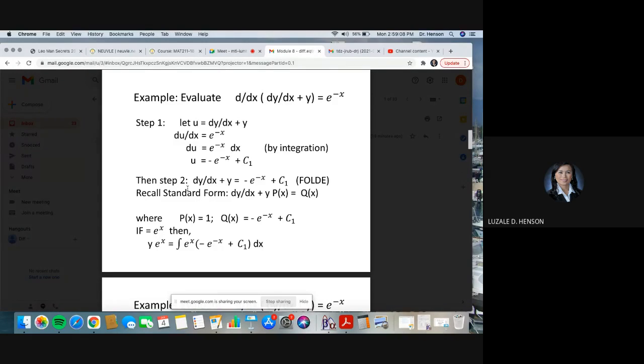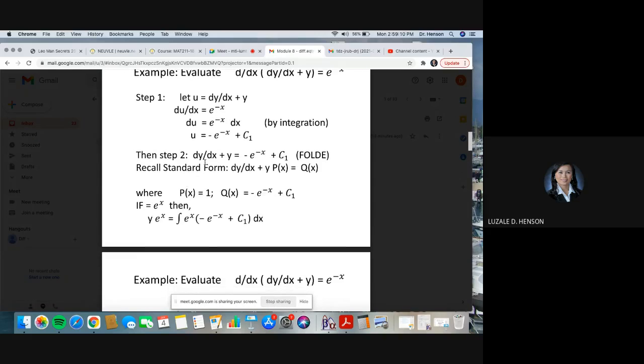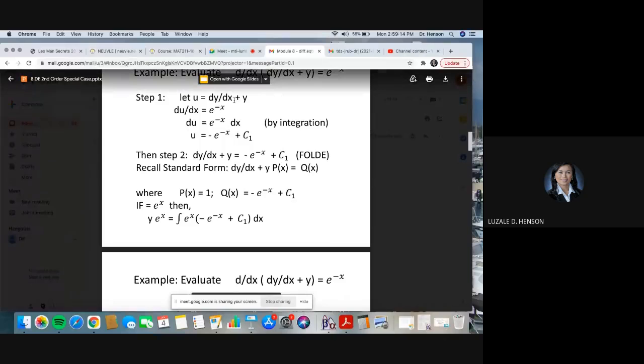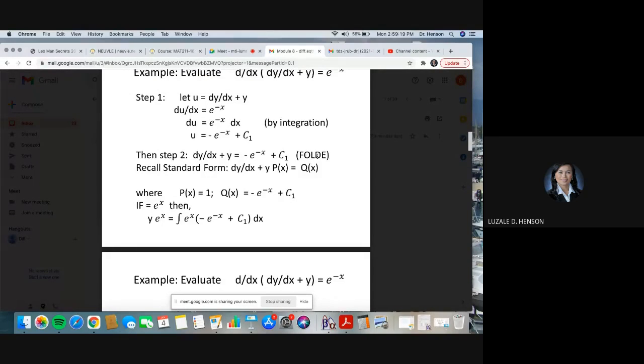Applying step 2, you notice this is the right side. It will now be equated to the right side of step 1. This is our expression here, and it is of the form of a first order linear equation. So therefore, dy/dx, wherein your dependent variable is y and independent variable is x, plus y. Meaning to say your p of x is actually 1, because you don't have any expression of p of x.